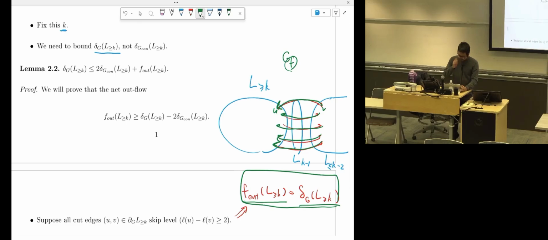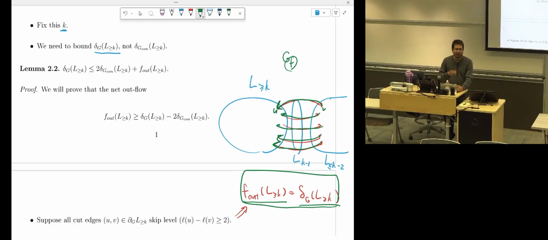But now maybe some edges are not skipping levels. These are exactly the edges from G-con, right?